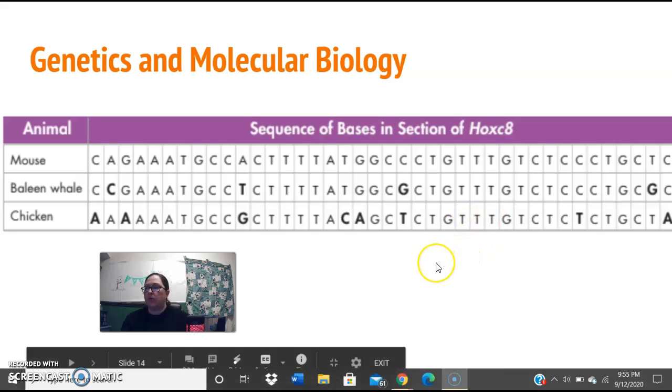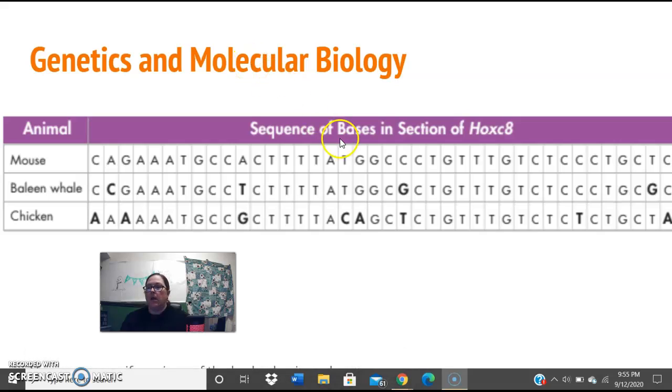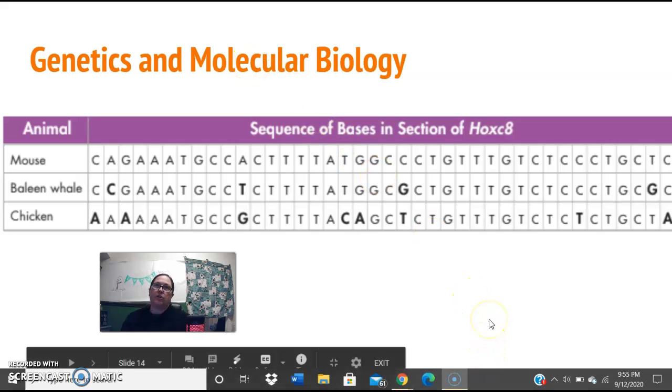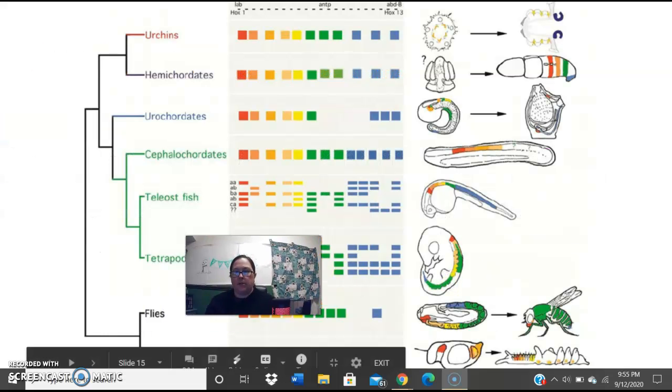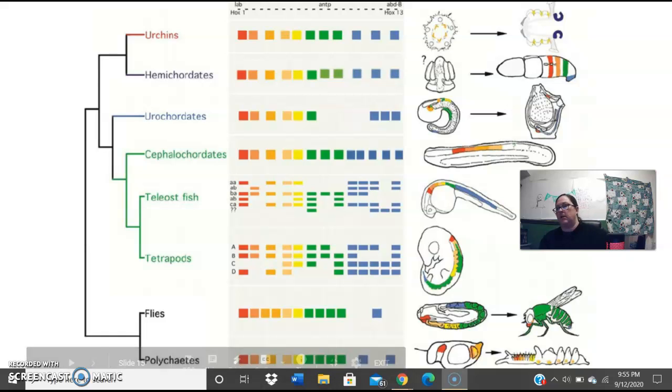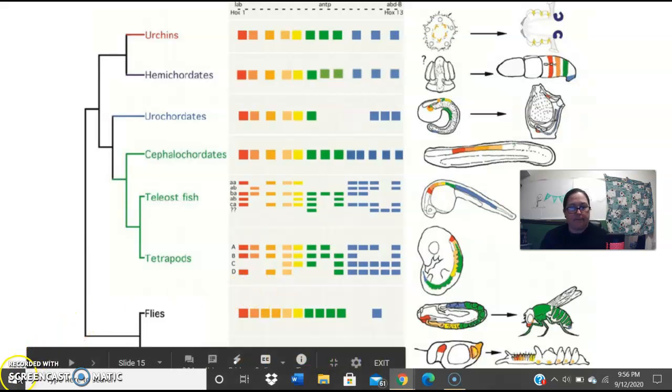You can see that the code is very similar, and with molecular biology, we can also show this in molecules like proteins that are found across species. All right, so here are some Hox genes. They are color-coded, and it just shows which part of the body the Hox gene codes for. Kind of cool to look at.